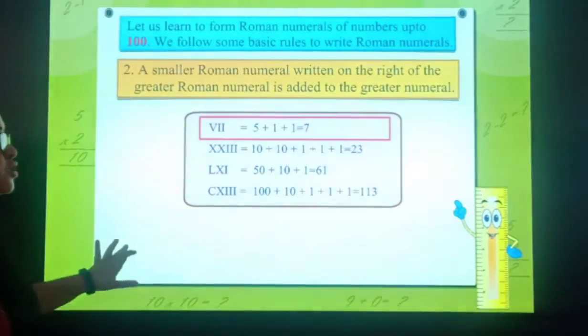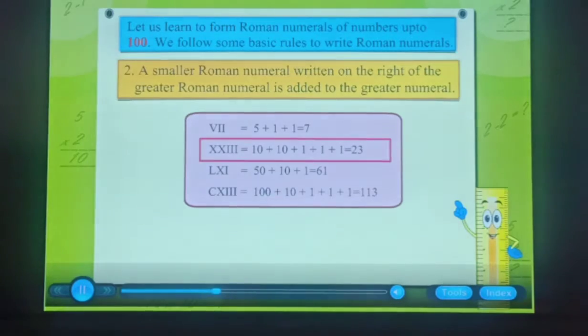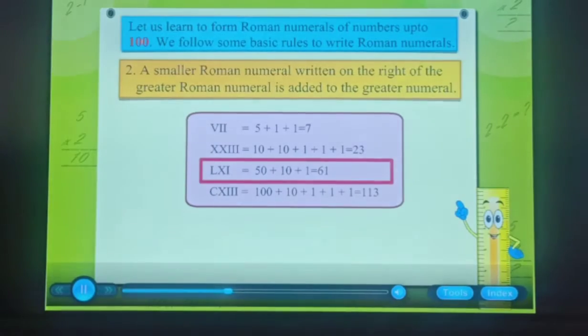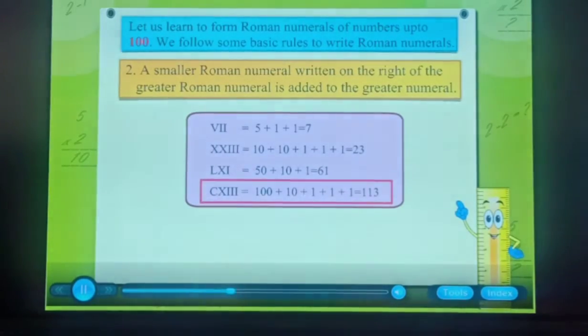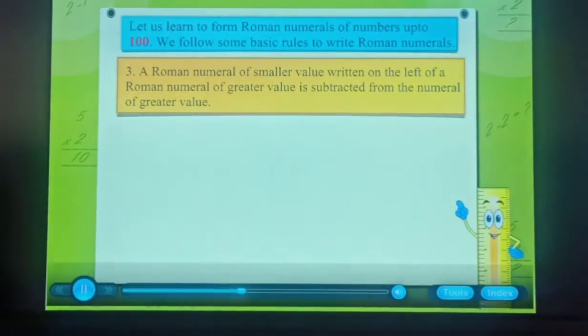So should I move to the next topic? 5 plus 1 plus 1 equals 7, 10 plus 10 plus 1 plus 1 plus 1 equals 23, 50 plus 10 plus 1 equals 61, 100 plus 10 plus 1 plus 1 plus 1 equals 113.